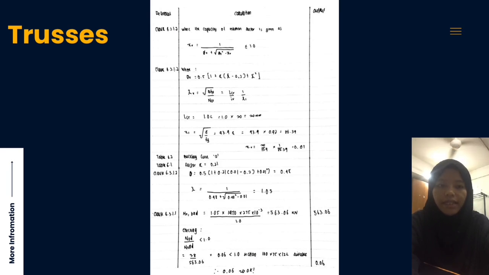So for the checking, NEd over Nb,Rd is not bigger than 1.0. So 38 over 563.06 equals 0.06, which is lower than 1.0. Section 100 multiply 75 multiply 12 length is suitable.